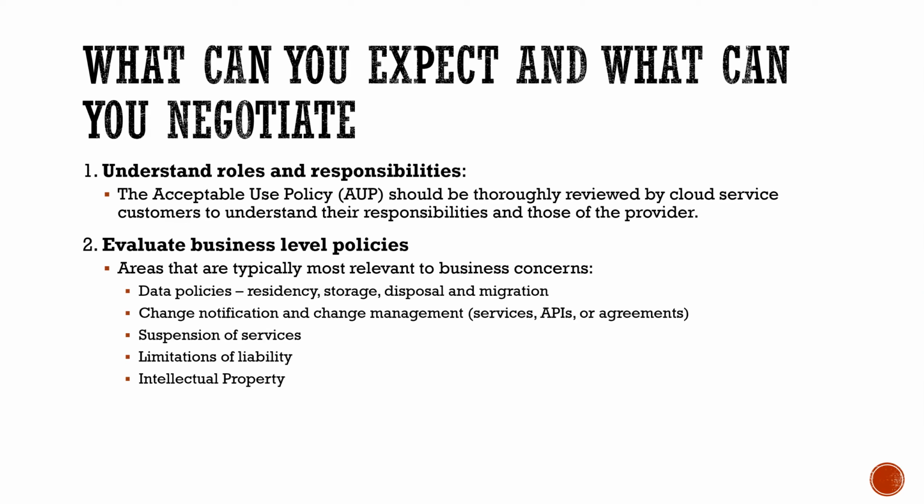Number 1 is understanding roles and responsibilities. Who does what? What does the consumer do? What does the provider do? Acceptable use policies must be reviewed by the customer so they know what their responsibilities are and what the responsibilities of the provider are.